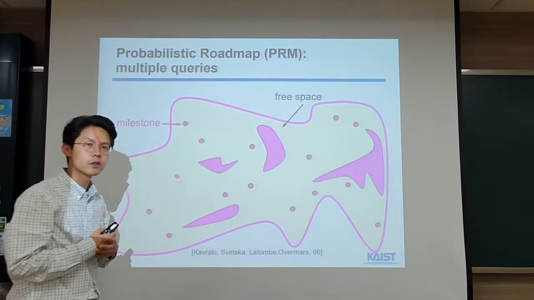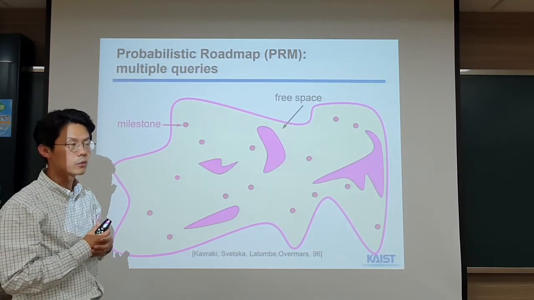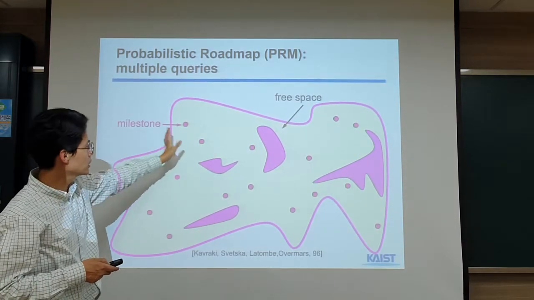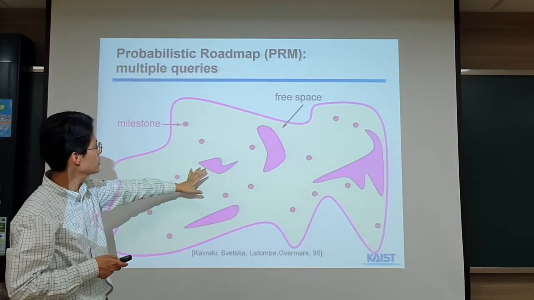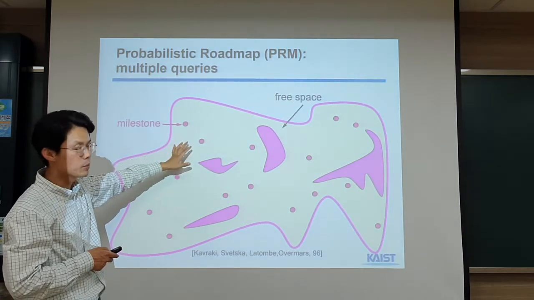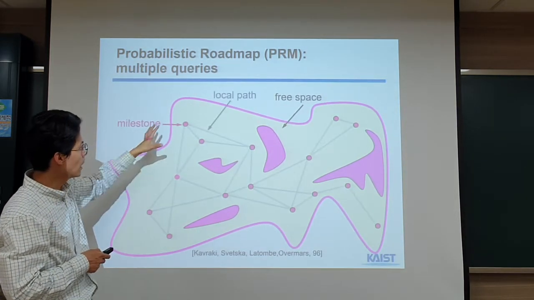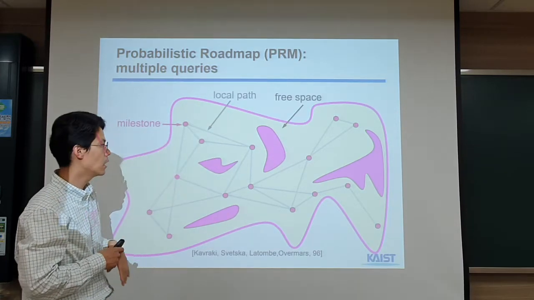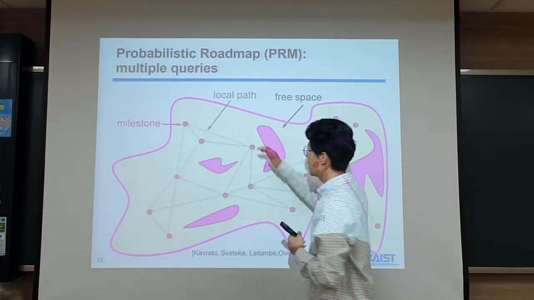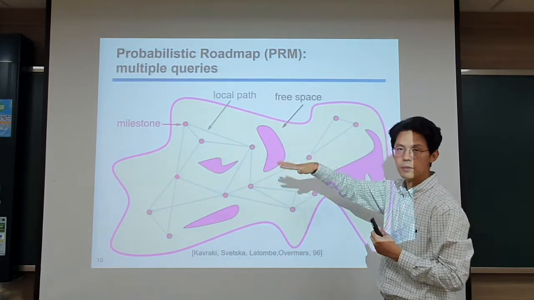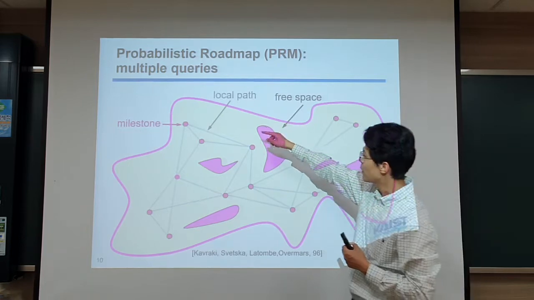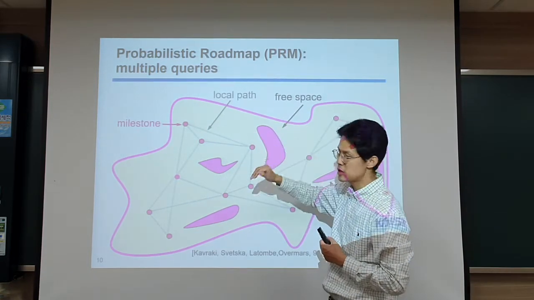For that, we can use the collision detection technique, or we can use the link operator that we talked about before. But anyway, given these randomly generated samples, we compute the milestones that are in the free space, and then we also check the local path between the nodes, and if the local path turns out to be in the free space, we can use it. We put them as a local path, as an edge, in the graph.